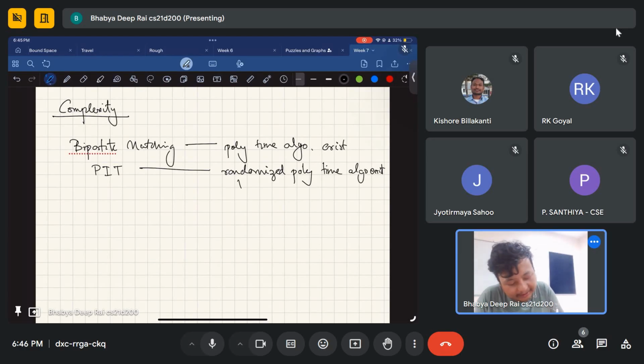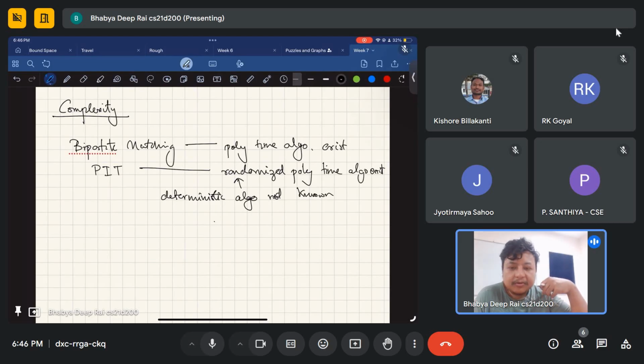Because for this we do not know any non-randomized, which is called deterministic, algorithm. Not known until now.